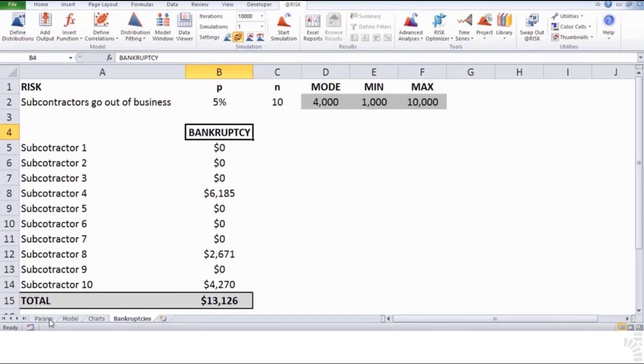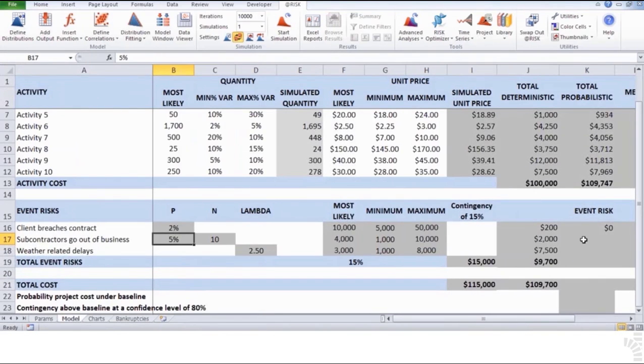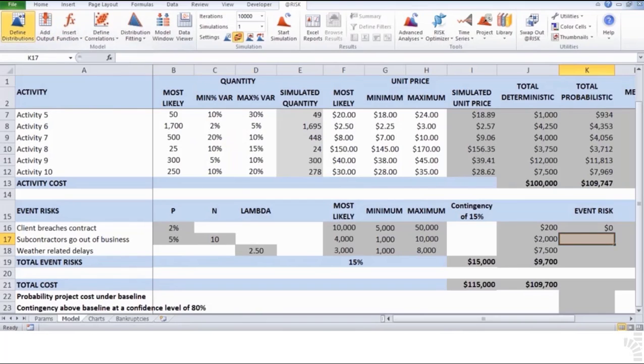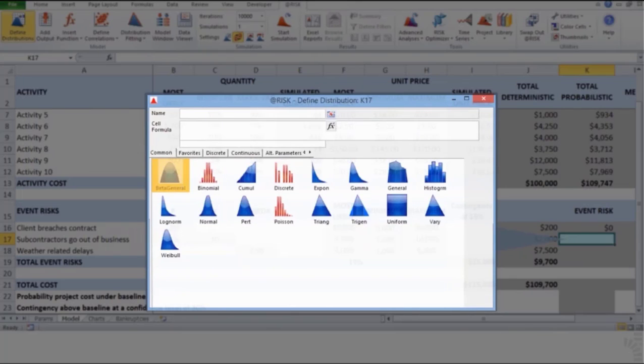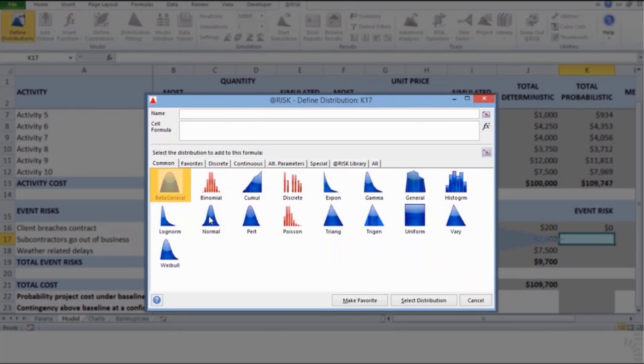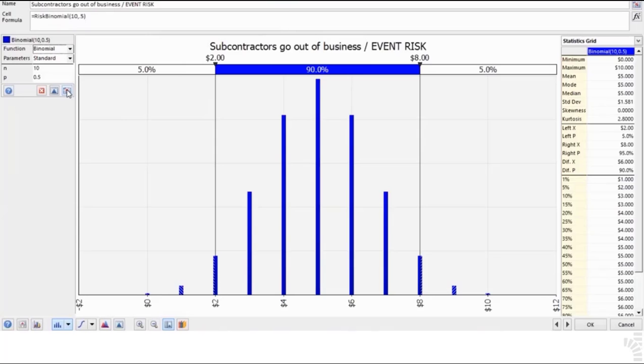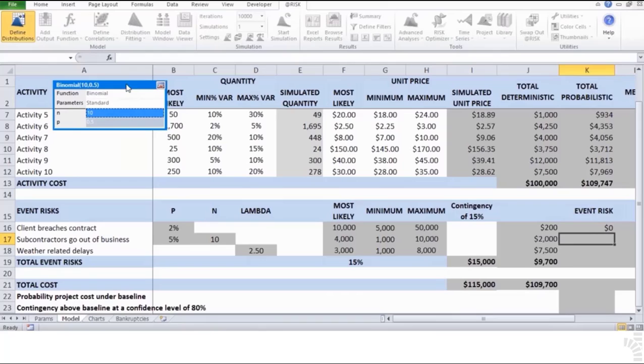37. On cell K17, invoke the define distribution icon in order to retrieve the palette window. Over the common or discrete tab, select the binomial. 38. Click on the Assign Excel References as Arguments button in order to retrieve the 2 respective parameters required for a binomial, n and p. 39.